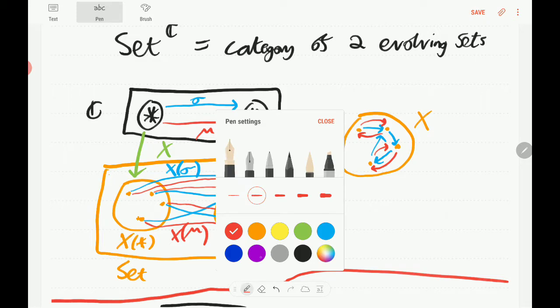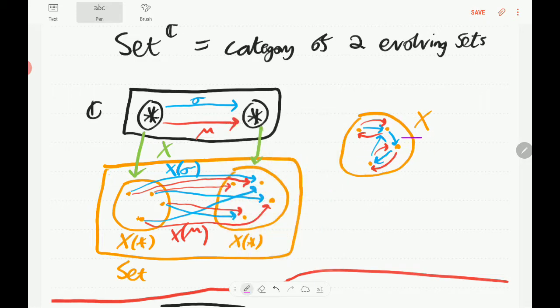And the way we can visualize such an object is like this. Okay, we have a set of states, and then we have a sort of sigma update function assigning each state to another state, and also a kind of mu update function assigning each state to another state.